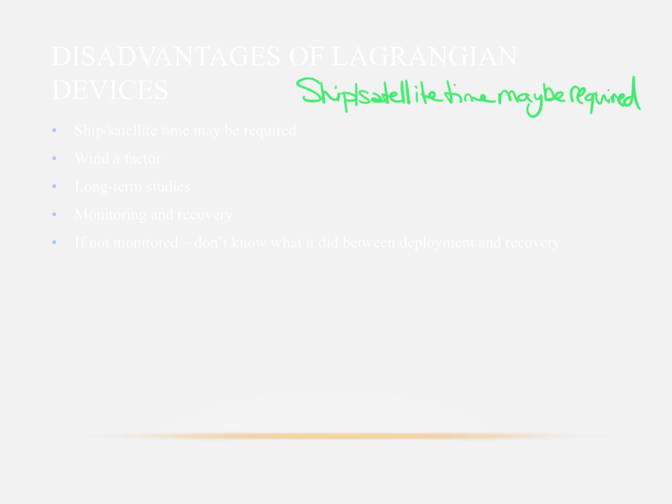And satellite time is expensive. So I paid for my satellite time up front, which is about $500 per device. So it does cost a bit of money. Wind is a factor for anything that drifts along the surface.